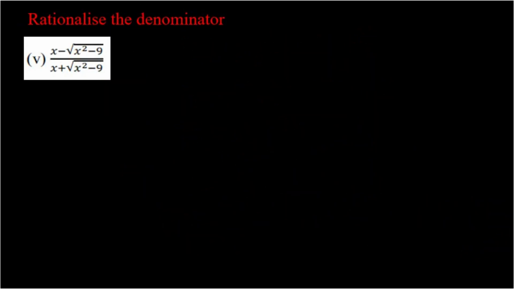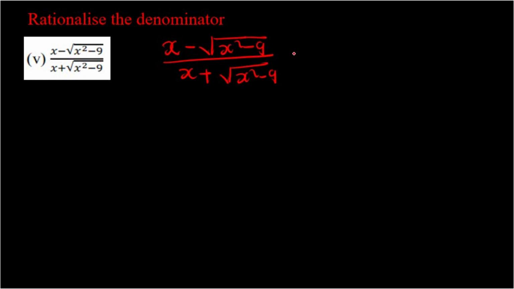Okay. Now, let's also look at this one. So this one, we have x minus root of x squared minus 9, over x plus root of x squared minus 9. So we have this part. What do we do in here?